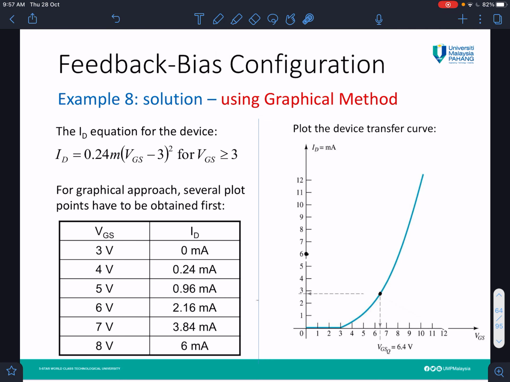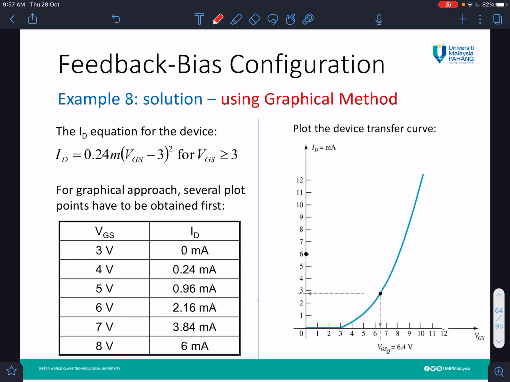Okay, hi. Now I want to continue example 8 using the graphical method. We need to find the equation for the device here. ID is equal to 0.24 milli (VGS minus VT).